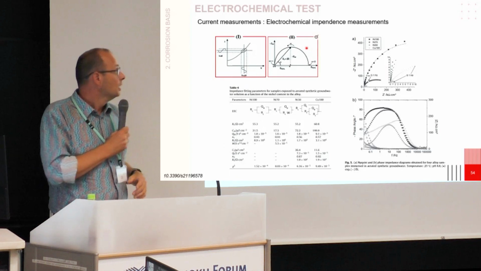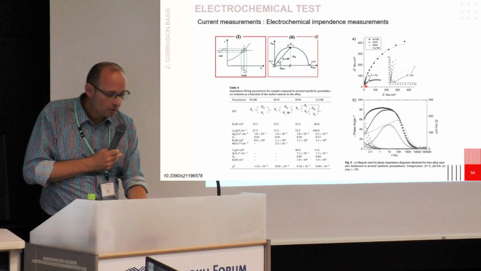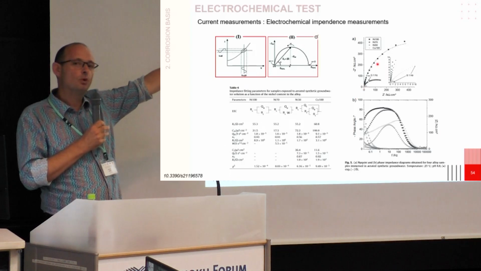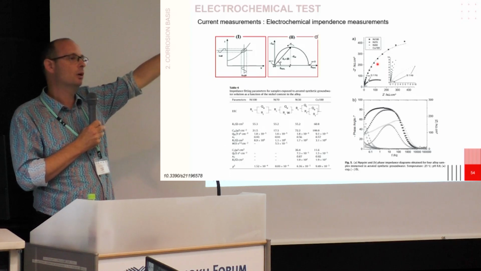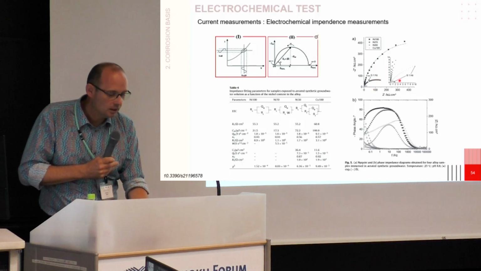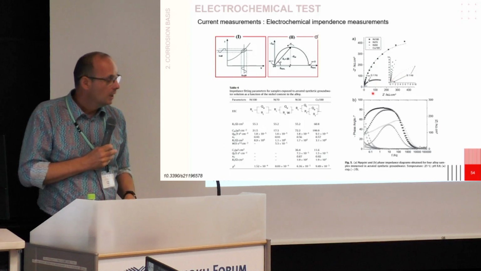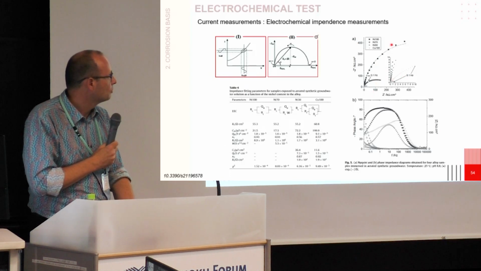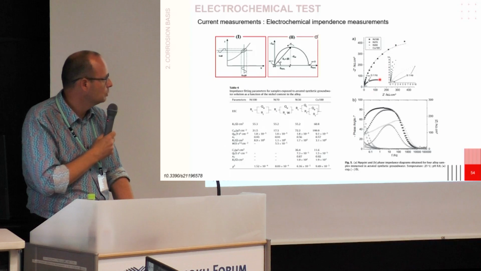Okay. First, from the Nyquist diagram, what you will see is different sizes of loop. This is the same four materials that I was using before: nickel, nickel copper, alloys. You can see that the loop is totally different. Here in the window, the values of the impedance are very small. And please trust me, here you have the loop for the nickel. Here you have the nickel alloy with 70% of nickel.